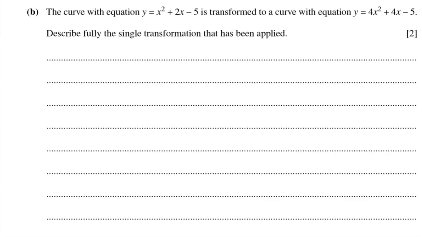What would be extremely useful is if we can do something to the original equation to make it look like that equation. And so what can we do? The only things that we want to transform are the x squared and the 2x. How can I turn x squared into 4x squared? And doing the same thing, turn 2x into 4x.